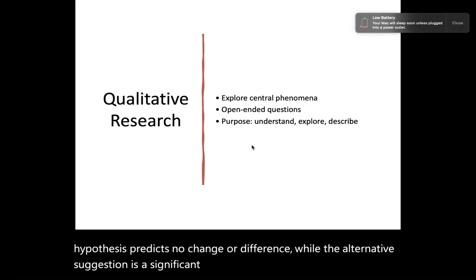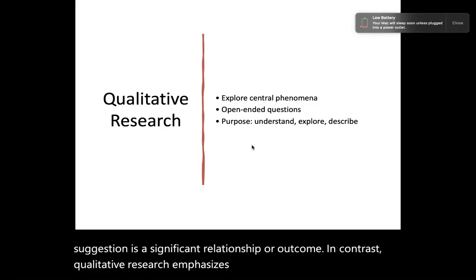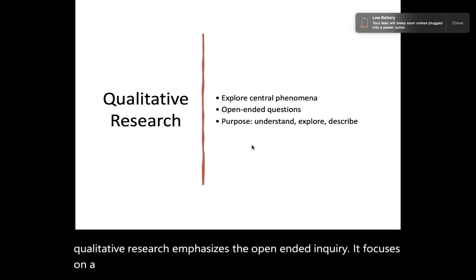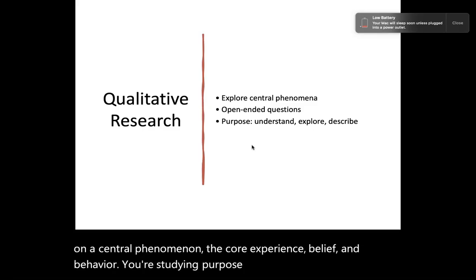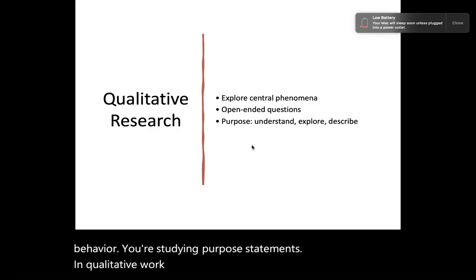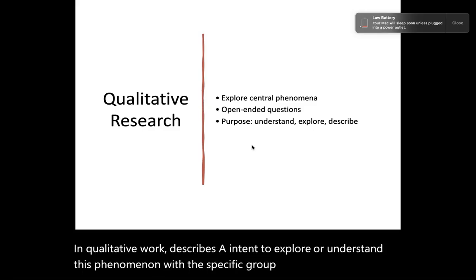In contrast, qualitative research emphasizes open-ended inquiry. It focuses on a central phenomenon, the core experience, belief, or behavior you're studying. Purpose statements in qualitative work describe an intent to explore or understand this phenomenon with a specific group in a particular context.